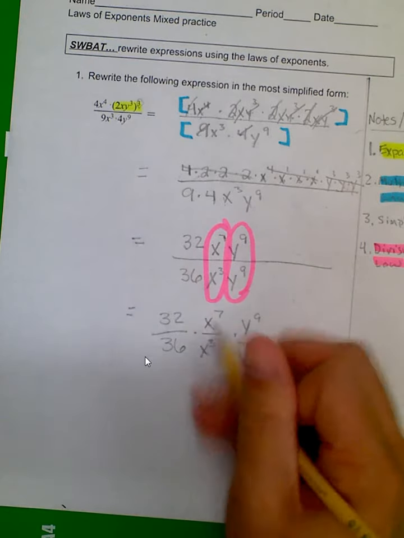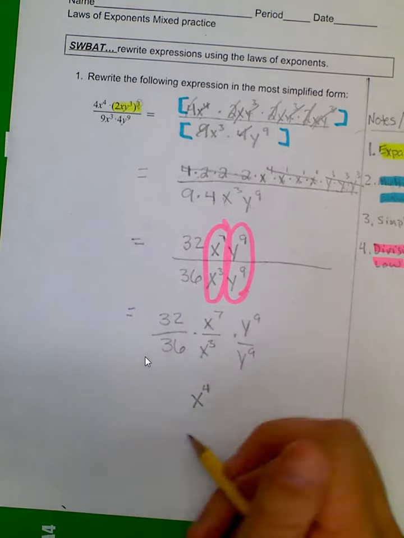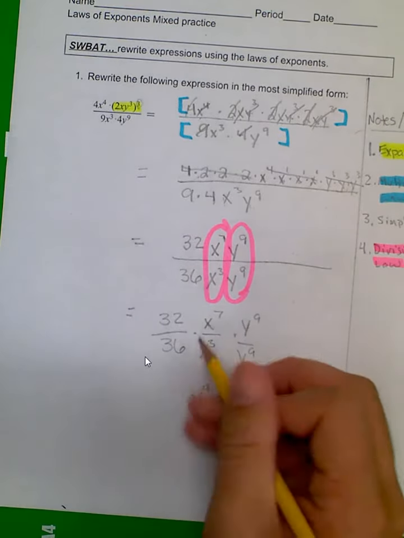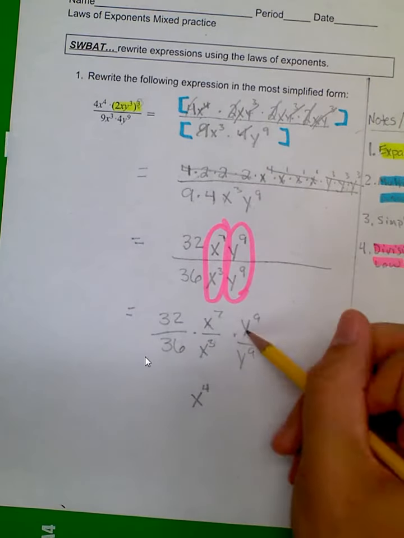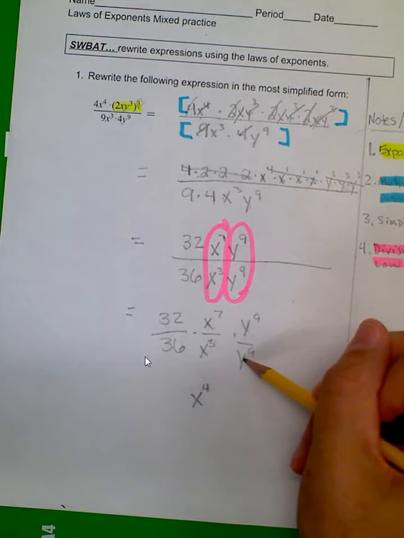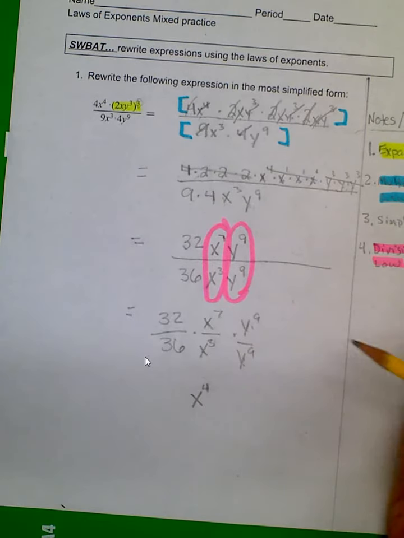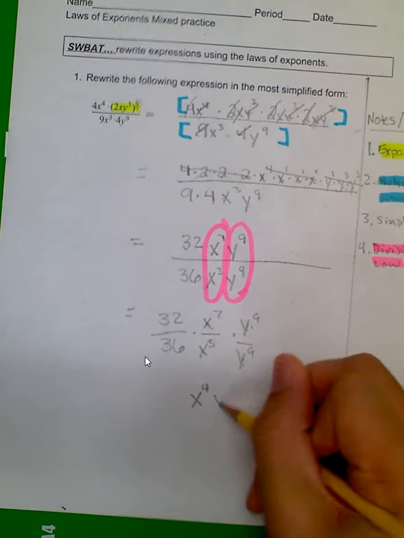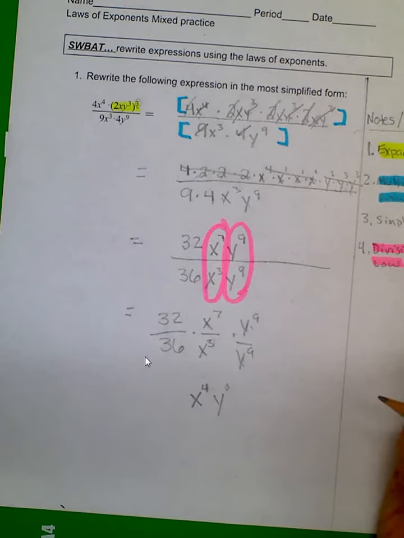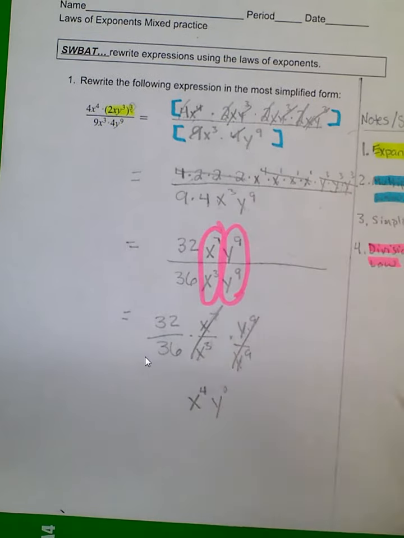X to the 7th divided by x to the 3rd gives us x to the 4th power. 7 minus 3 is 4. Over here, y to the 9th over y to the 9th. Well, I know that anything over itself is just 1. So y to the 9 minus 9 is y to the 0. Which we'll learn tomorrow is really just the number 1. Weird. Okay, so we divided these, we divided those.